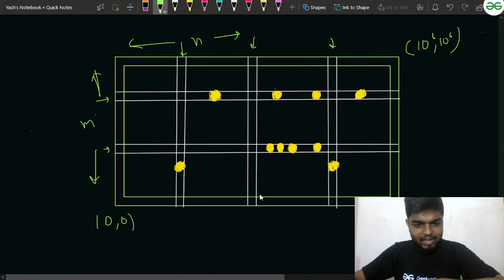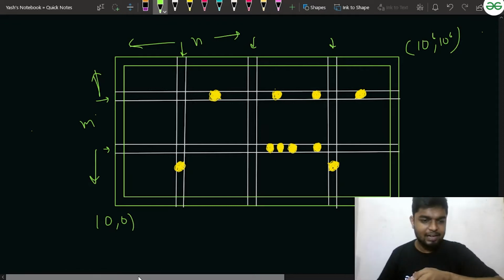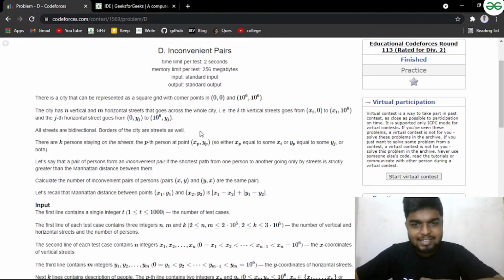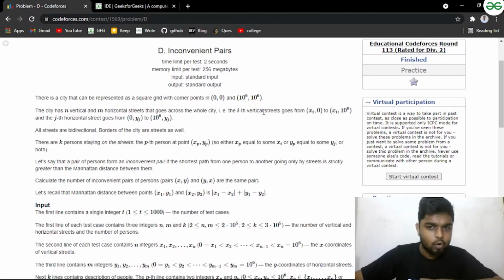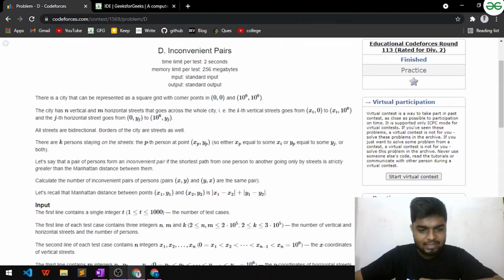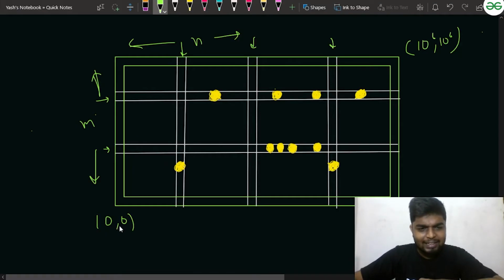Next it says that the ith vertical street goes from (xi, 0) to (xi, 10^6). So that is quite clear. What is a vertical street? The vertical street is this, so it goes from here till here, from 0 to 10^6.